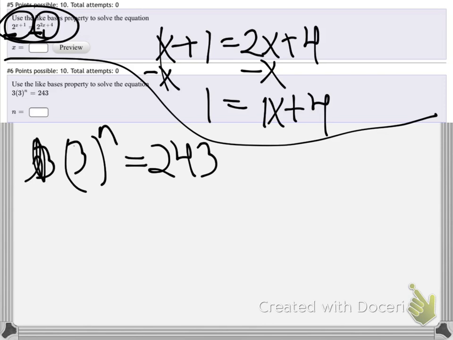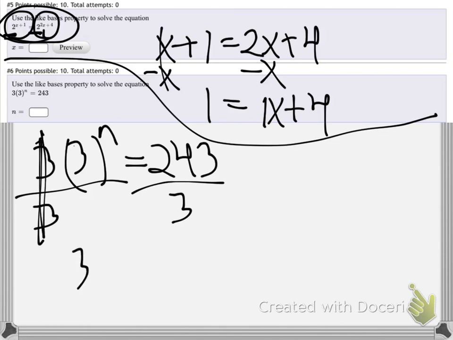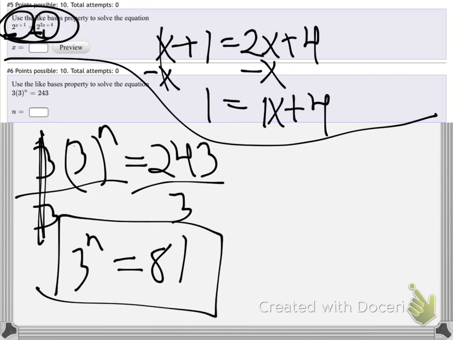This other 3 sitting out there to the left, he's just timesing by the exponential expression. So if I were to solve an equation, I'd probably start by dividing that 3 out, so it looks a little bit more like the others. Then this 3 is gone, and now I have just 3 to the n equals whatever 243 divided by 3 is, which I believe is 81. And then from that point, you can really just solve it like you did on number 1 and just figure out how many 3's does it take to make an 81, and that'll be good.